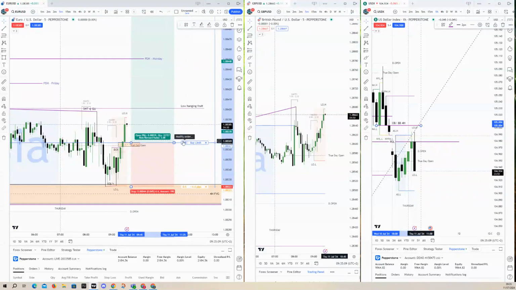I might place this a little bit higher, which would be a bit more risk, but I'm okay with up to 1.5% risk on my trade. So now we wait.